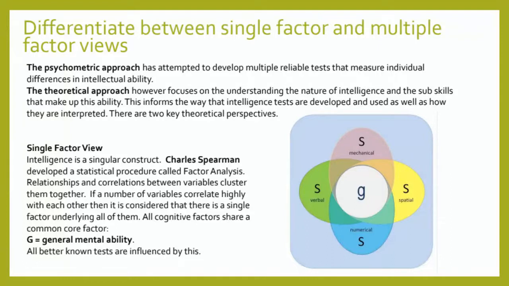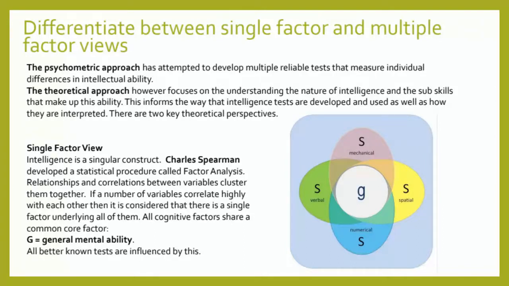So we've got that scientific approach that measures it from an IQ perspective, but the theoretical approach says we need to take the broader perspective and say there are a number of skills that make up the ability of intelligence, and that informs the way that intelligence tests are developed and used, as well as how they are interpreted.